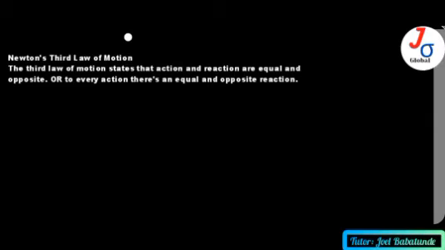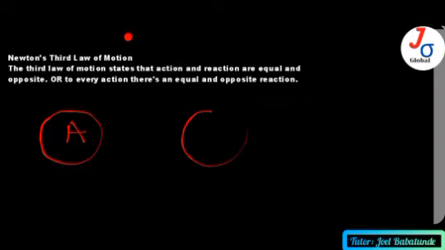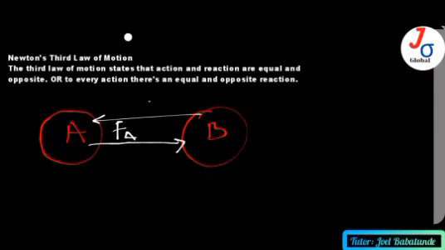So if you have a ball like this, A, and then you have another ball, B. Now, let's say that A is exerting a force on B, FA, and then B is also exerting a force on A, FB.